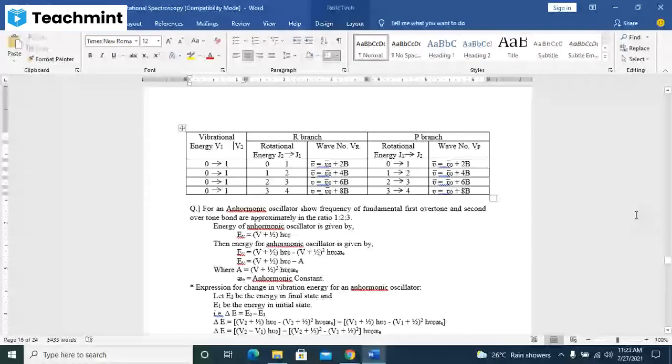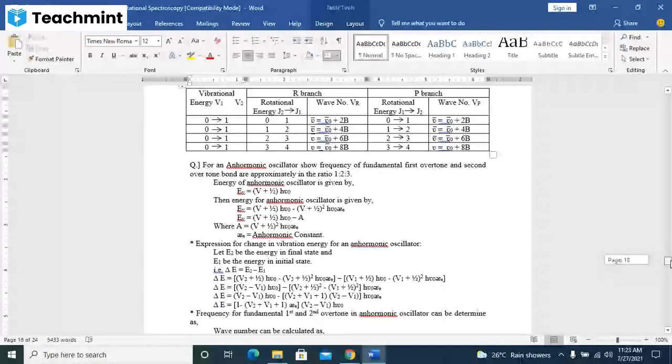That diagram is not included over here. That diagram I will show in the next lecture. See, the basic difference is that you have to look at the wave number: the wave number for the R branch and the wave number for the P branch. Here it is 0 to 1.